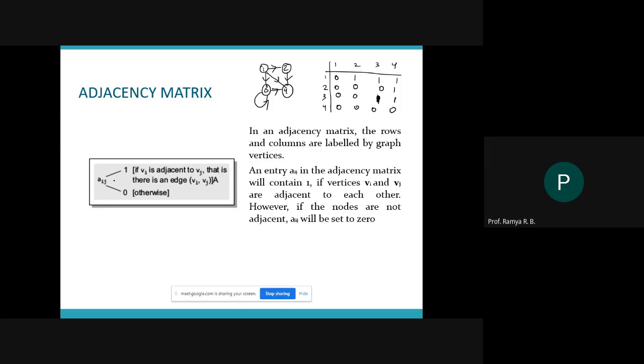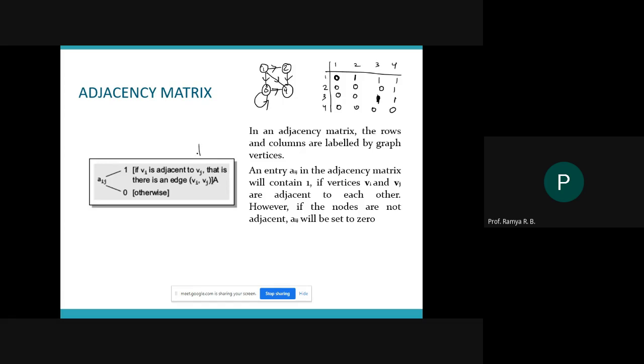So what is our adjacency matrix representation? If Vi is adjacent to Vj, that means if there is an edge from vertex i to vertex j, we'll represent it using a 1. Otherwise, we'll represent it using a 0. That means if there is no edge between two vertices Vi and Vj, we'll denote it by a 0.